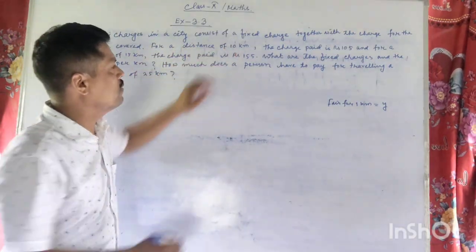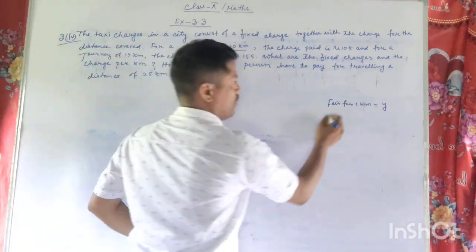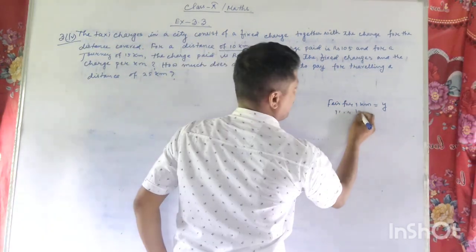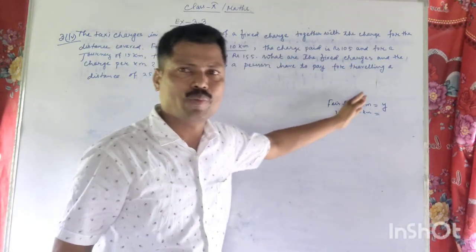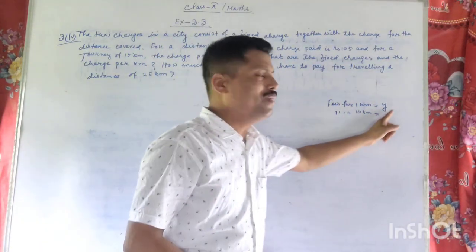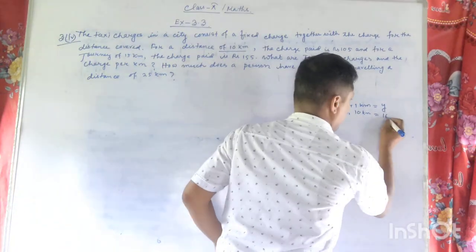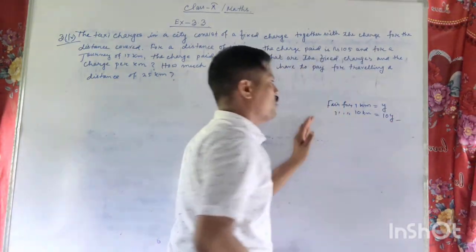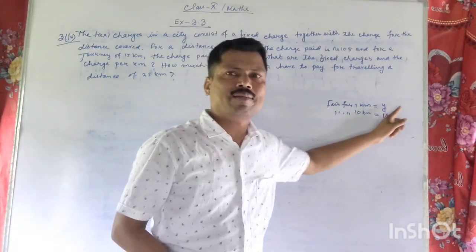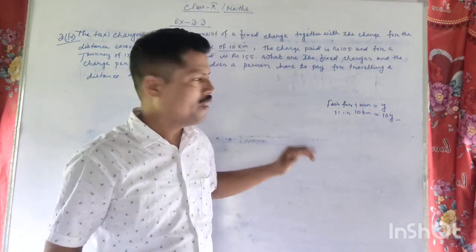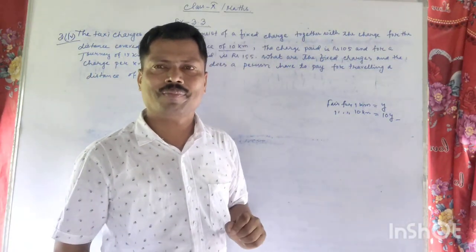For a distance of 10 kilometers, 10 kilometers is equal to what? 10 is more than 1, then 10 into y, that will be 10y. So 10y. This one is the per kilometer charge. 1 kilometer charge is y, and then 10 kilometer charge will be 10y.